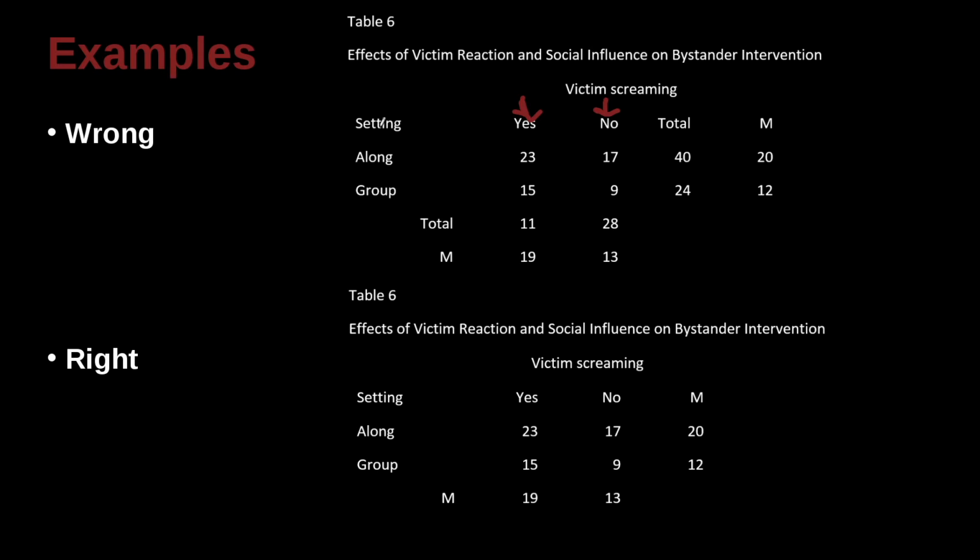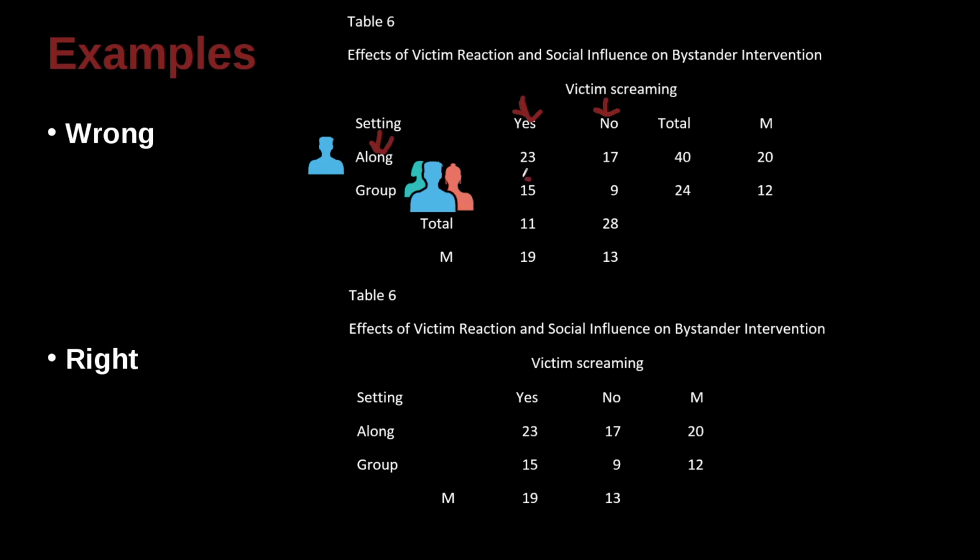And so here we have the setting. So this should be the heading of this column. We have 2 settings, alone and in groups. Should that be alone? Is that a typo? And in group. Alone and in group. And so what's happening here?